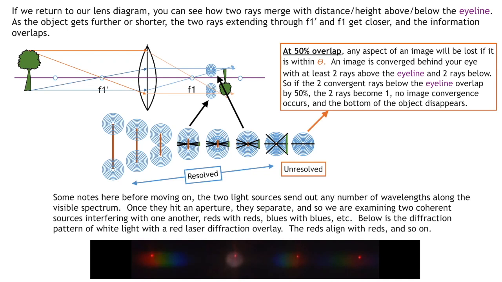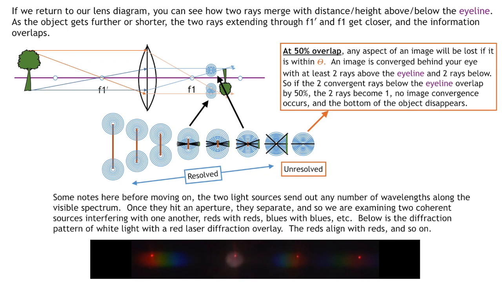The stump of the tree or the bottom of the tree below our eye line has less height than above the eye line, and so you can see the 2 rays are a little closer together behind the focal point F1.